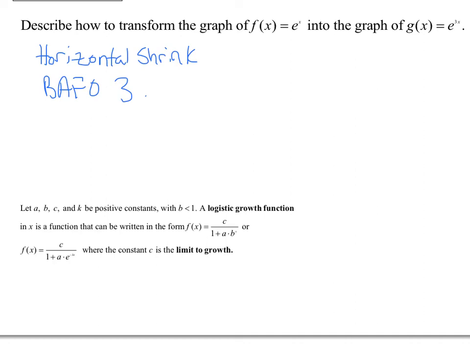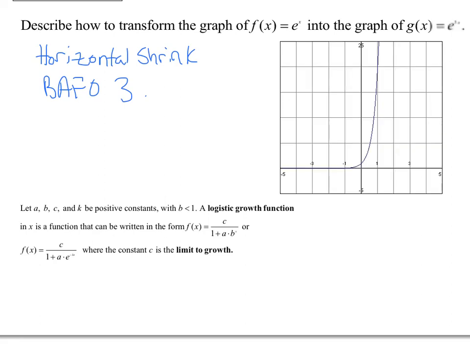Okay, let's take a look at that picture, meaning it's going to go up faster, because if you horizontally shrink, it's going to go up quicker. Okay. So see how it's going up very fast? Because if you think about this, if we did f(1), you get e to the first.